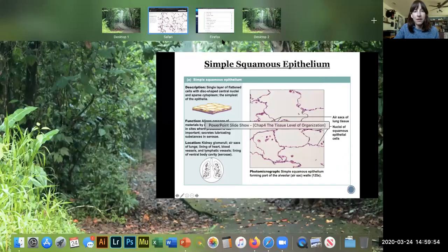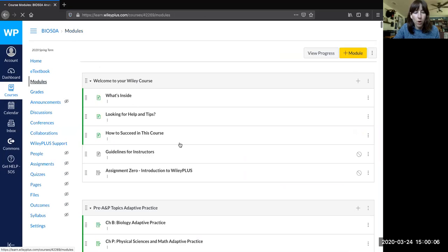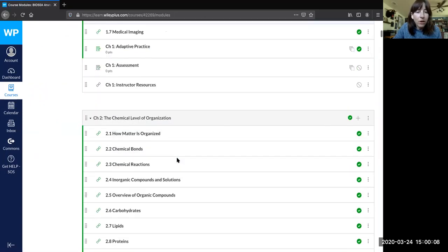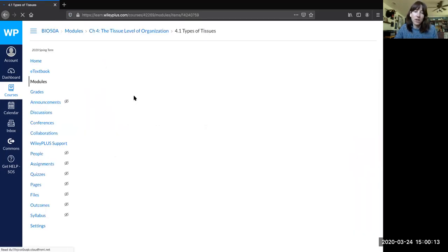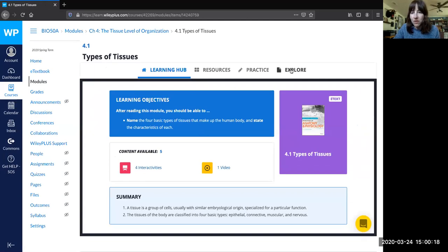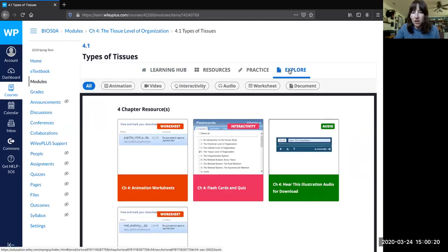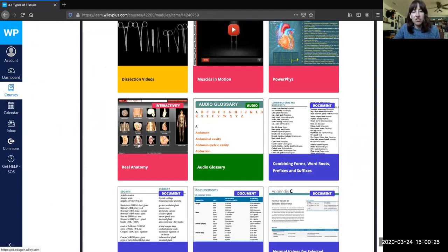Exactly. No problem. So if I go to the module for chapter 4, tissue types, is that what I went into? Structure of the skin. That's not what I wanted to go into. If I go into chapter 4, any one of these bits in the chapter 4 module, I can find, if I go to the Explore tab, Real Anatomy, which is the real reason why I wanted Wiley Plus.